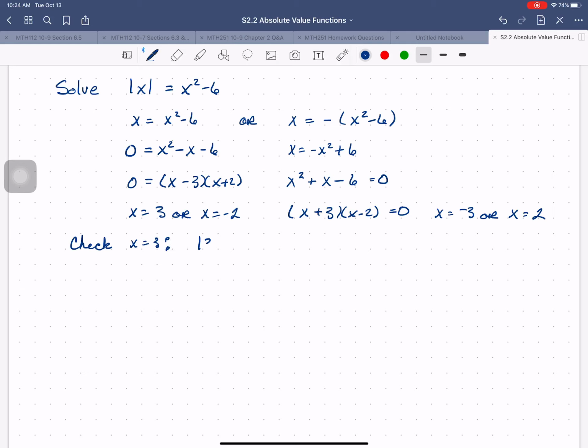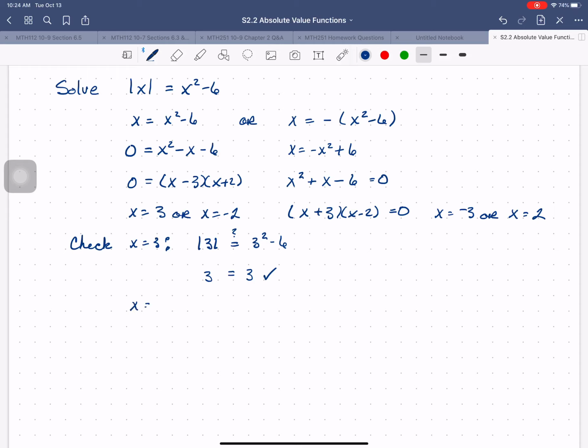Is the absolute value of 3 equal to 3 squared minus 6? And when I'm doing this kind of a check, I always put a question mark over the top until I get to my actual conclusion. So the absolute value of 3 is 3. 3 squared is 9 minus 6 is 3. 3 equals 3, so that one checks.